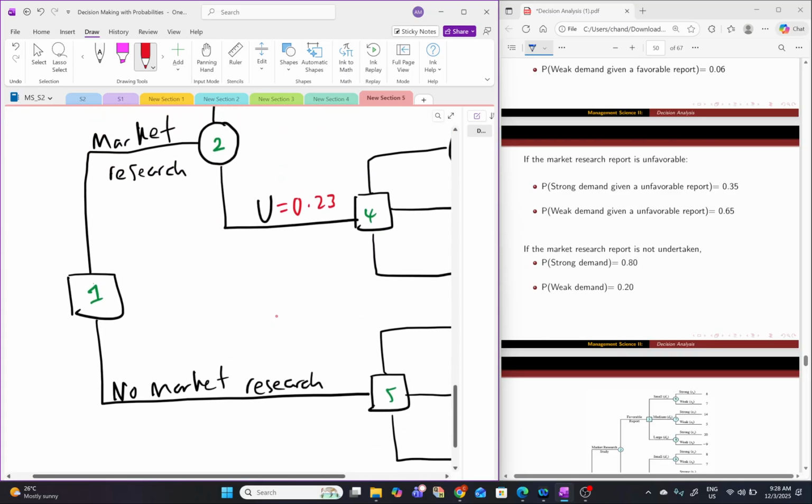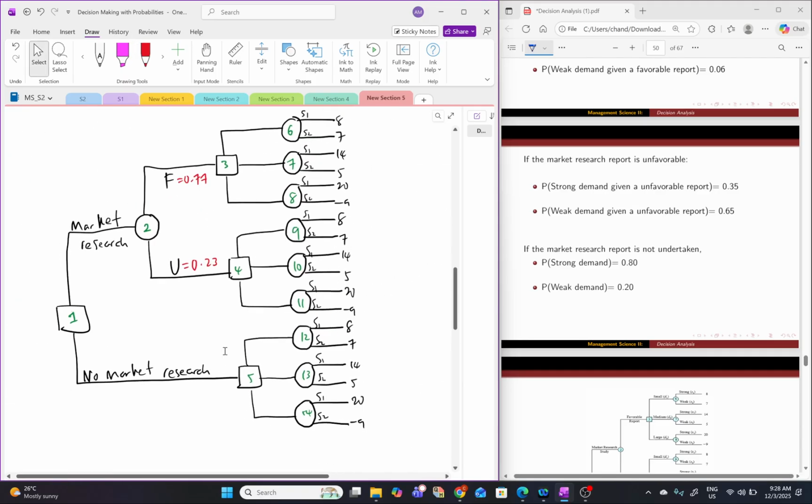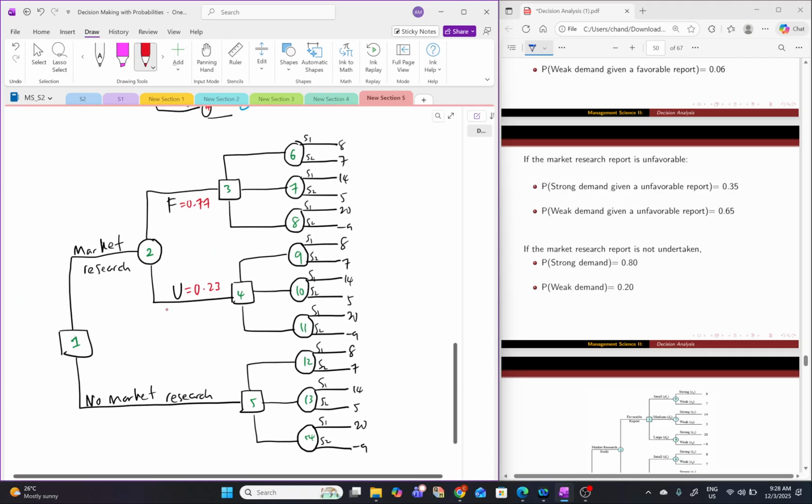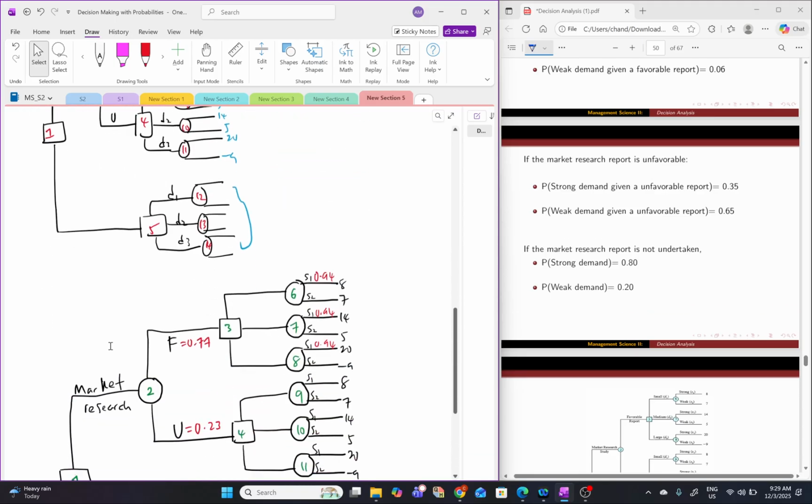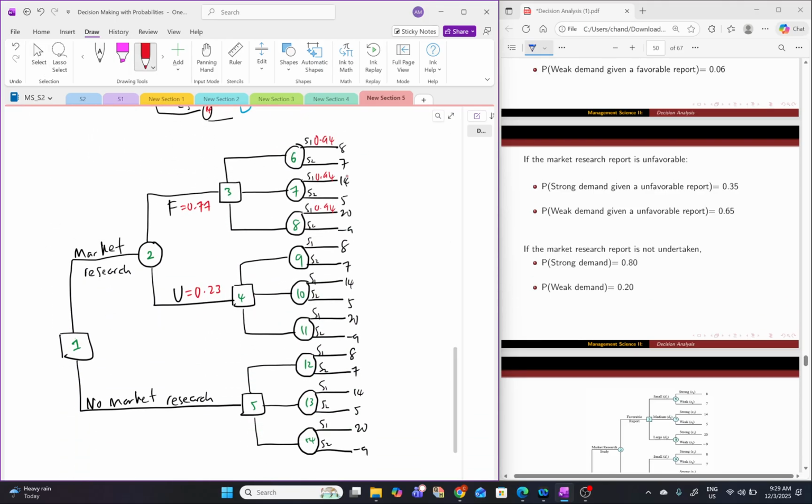So dekat sini, given F yang dekat S1 semua ni letak 0.94. Sama juga untuk S2. Given F, what is S2? 0.06. So you write here 0.06.